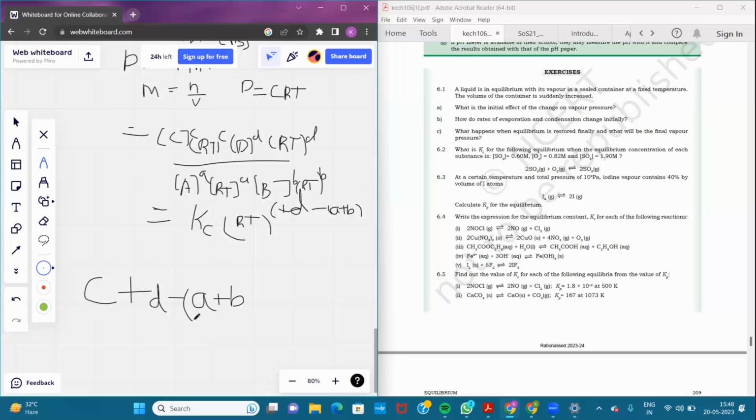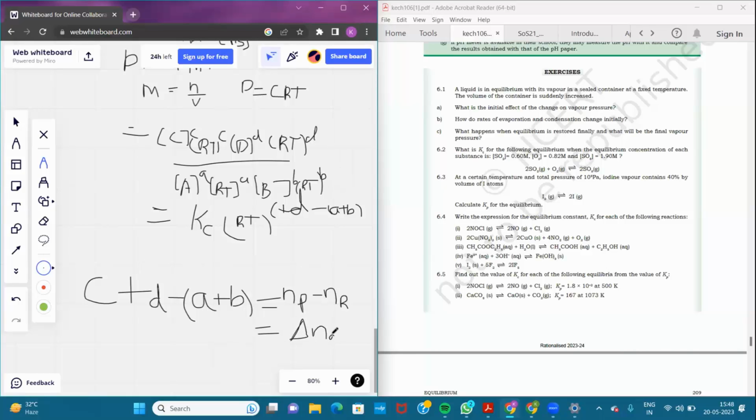is the difference of the total number of moles of gaseous products minus the total number of moles of gaseous reactants. We can represent this difference as delta n gaseous.